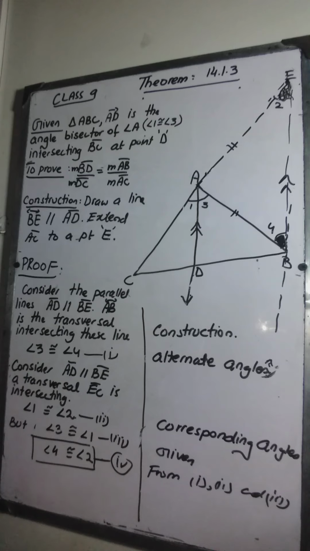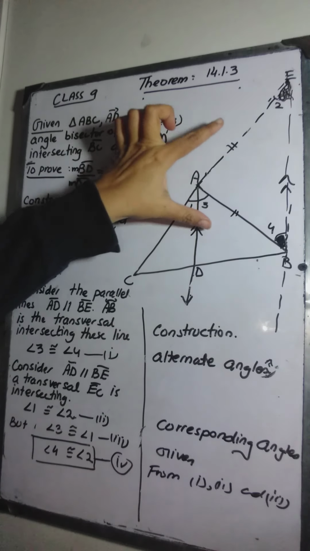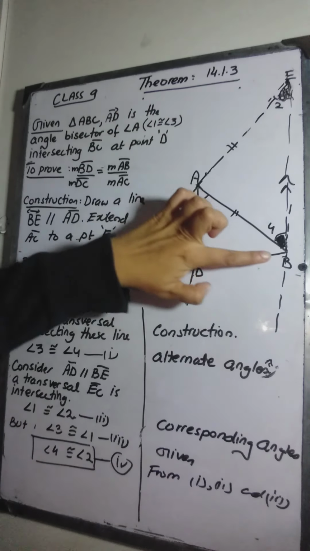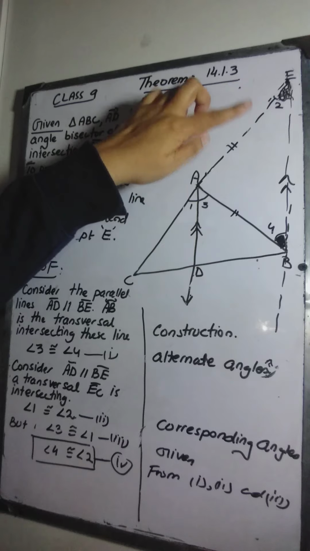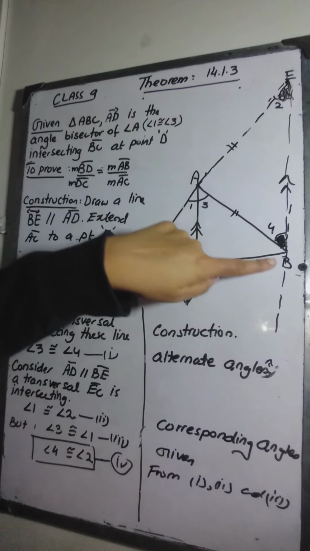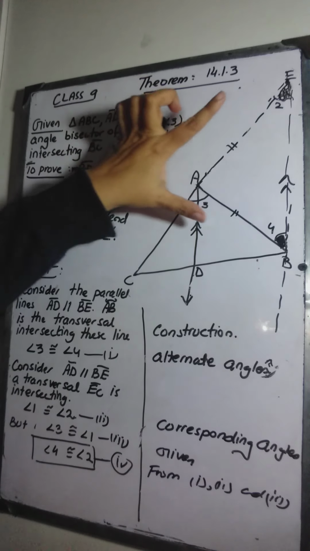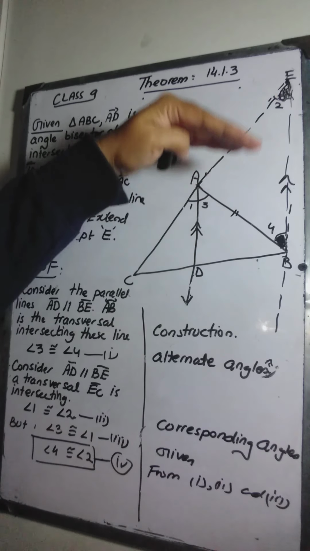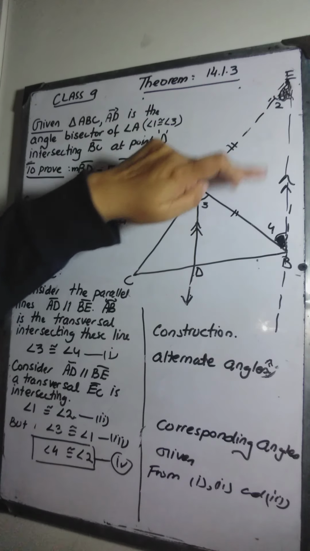Now as angle 2 and angle 4 are congruent, so the sides opposite to them, if you consider this triangle ABE, opposite to angle 2 we have AB, and opposite to angle 4 we have AE. 2 and 4 are congruent.